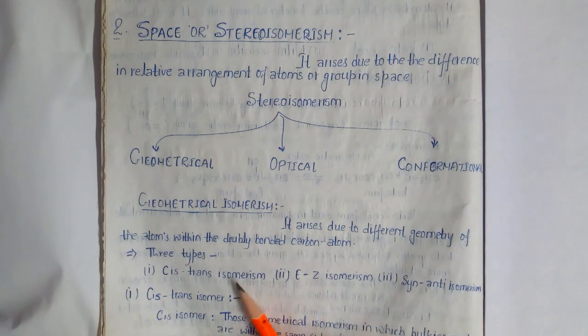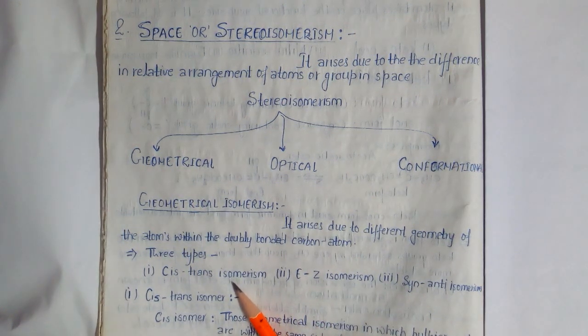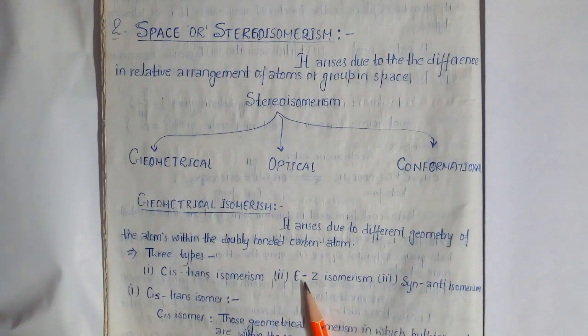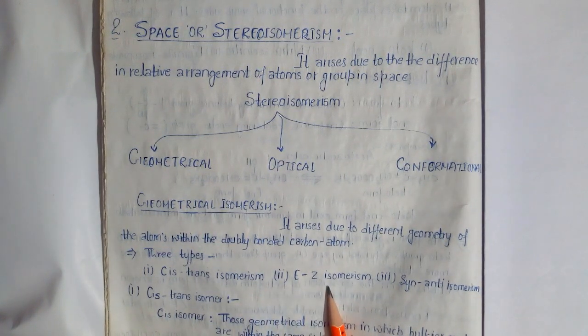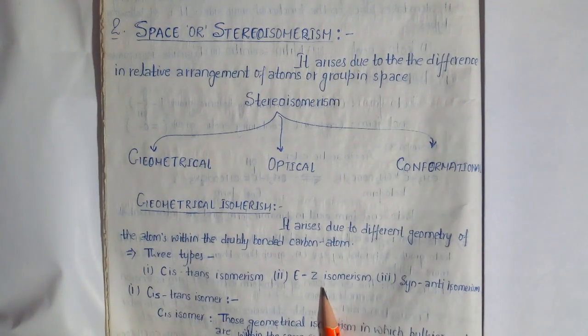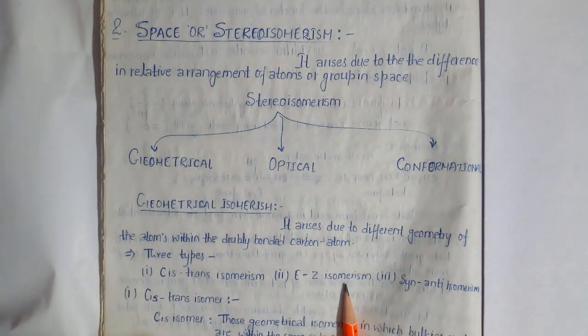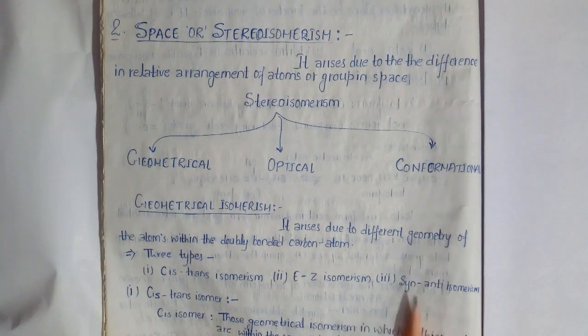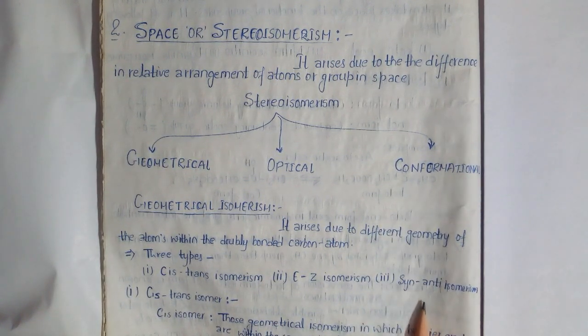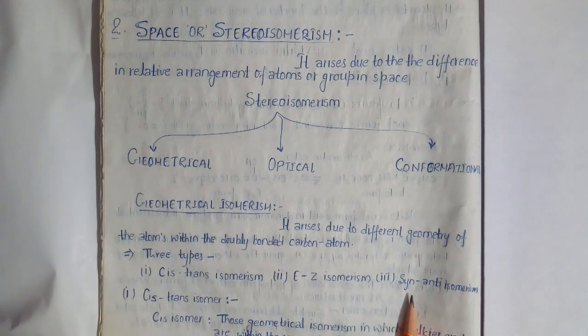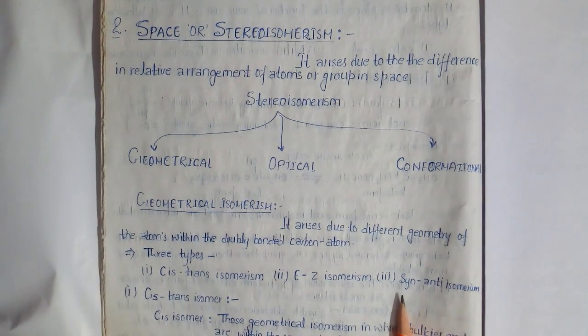Cis-trans arises if two like groups lie either on the same side or on different sides. But E-Z isomerism arises when all attached atoms or groups of atoms are of different types. And third one is syn-anti isomerism. It arises between doubly bonded nitrogen atoms or between doubly bonded nitrogen and carbon atoms.